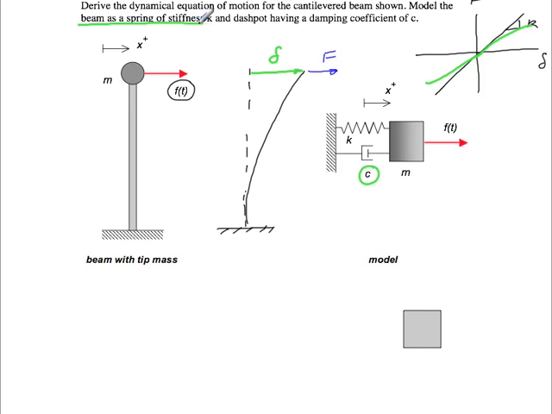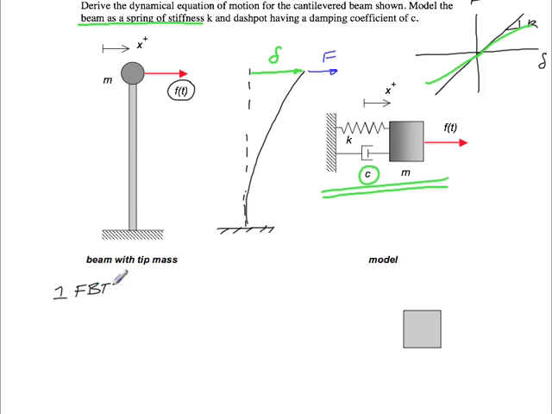In other words, all the mass is going to be at the particle there at the top, no mass in the beam. So that's the justification we go through in order to replace the beam by this spring mass dash pot system. Okay, so step one, our FBD.